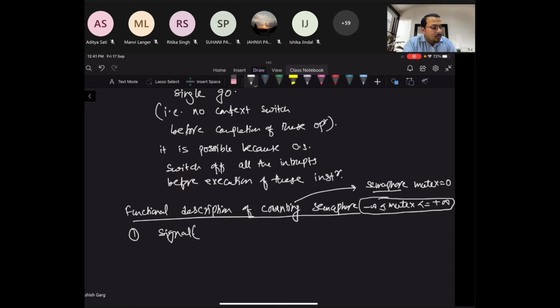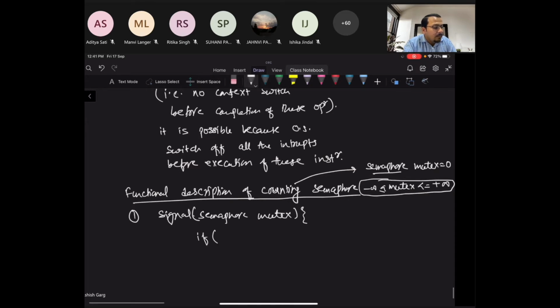So let's see the signal. Signal takes semaphore mutex, and since signal is an up, it will increment the mutex.